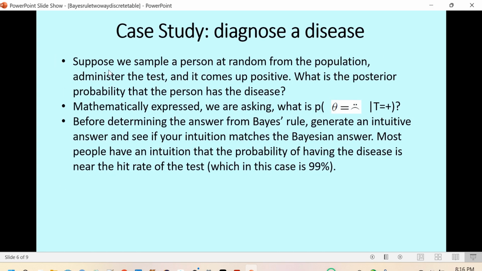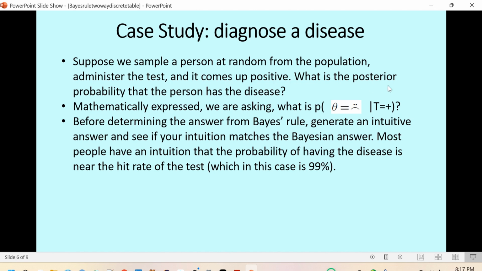So now suppose we sample a person at random from the population and take the test, and the test result is positive. So the question is, what is the posterior probability that this person actually has the disease?